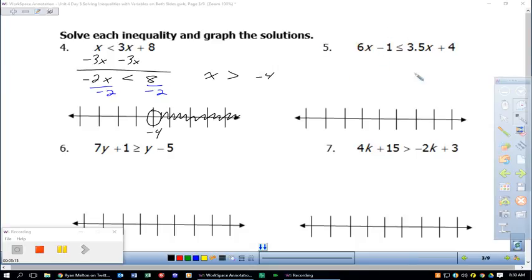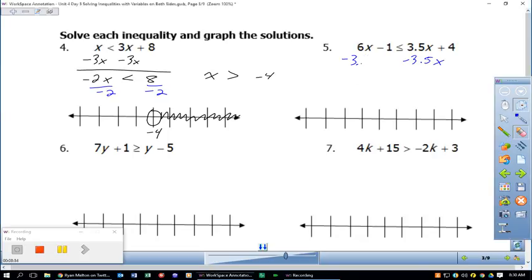Number 5. You would subtract 3.5x from both sides. 3.5, I have to fix that. Yes, 2.5x.